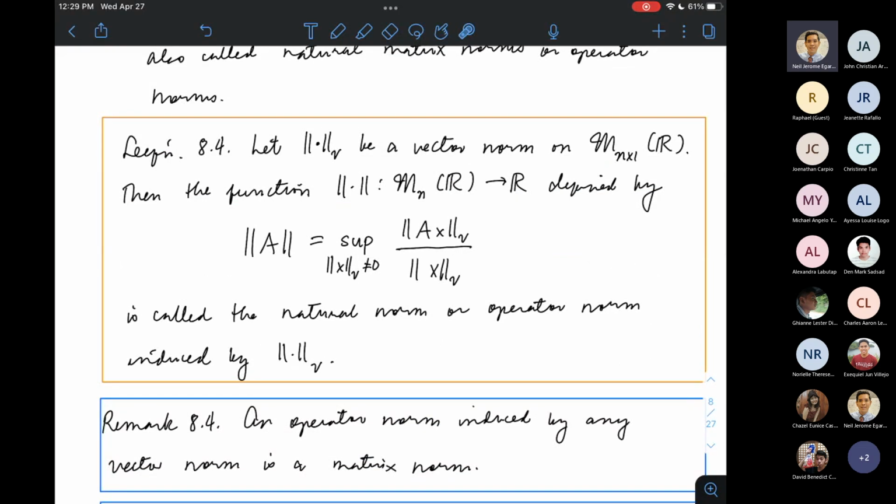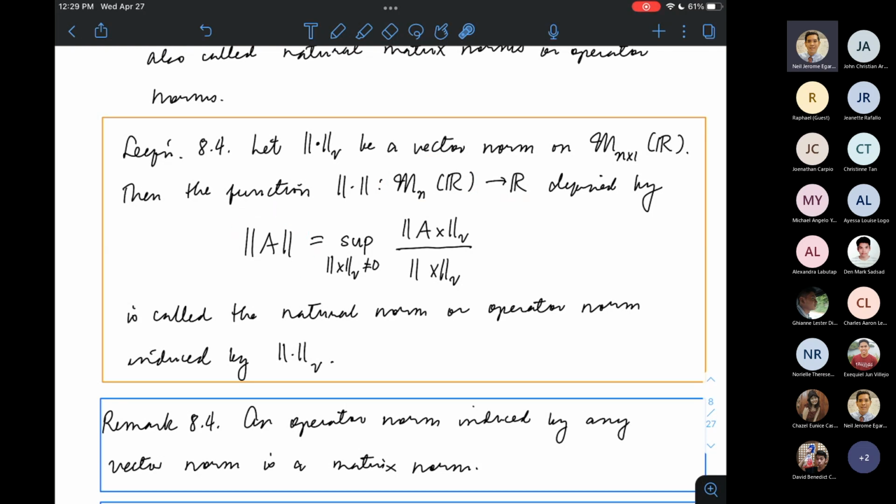Sila yung nasa Definition 8.4. It says na kapag meron kang isang vector norm sa set of n by 1 matrices, because n by 1 matrices are what we consider to be vectors, okay? Now, pwede kang mag-define ng isang function from the set of n by n matrices papunta kay R in the following way.